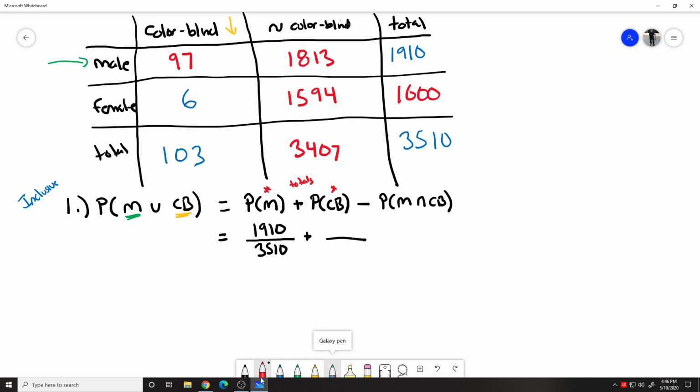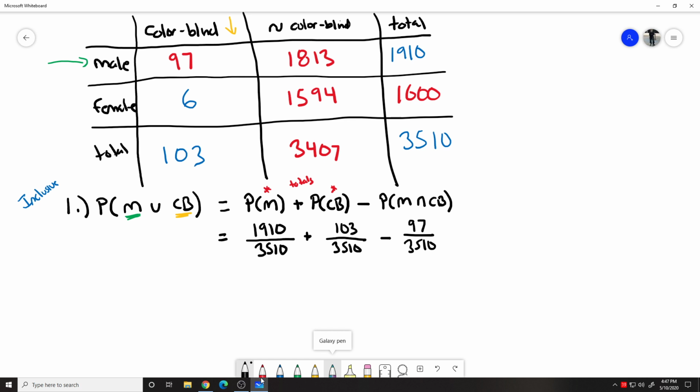So my total colorblind are 103 out of 3,510 people. Now, from this, I also have to take away the probability of male and colorblind. That's where they overlap. There's 97 male and colorblind out of 3,510.